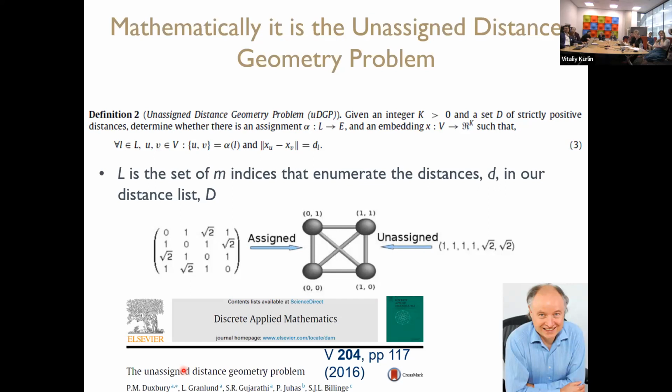And so there's two kinds of distance geometry problem. The one that existed before was the assigned distance geometry problem, where you have this distance matrix, and that gives you an assignment. So that gives you a graph which has nodes and edges, and you have the correct assignment. And the next step in the distance geometry problem is the embedding part of it, where you want to take your graph and embed it into a Euclidean space.